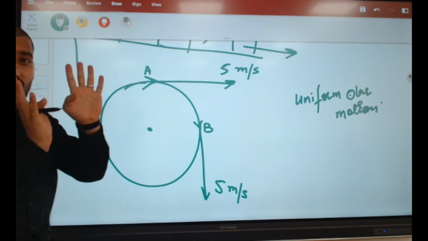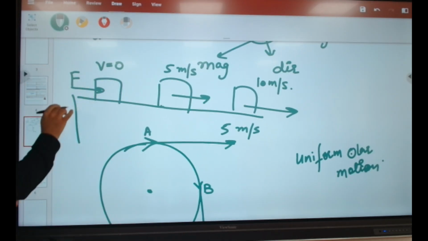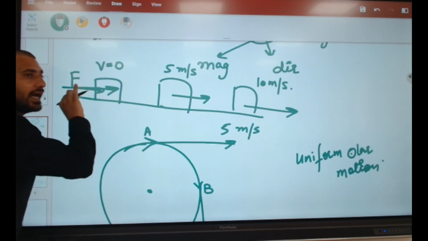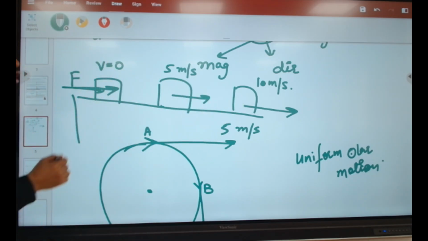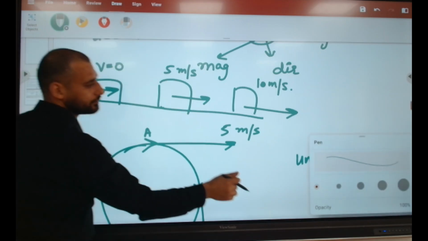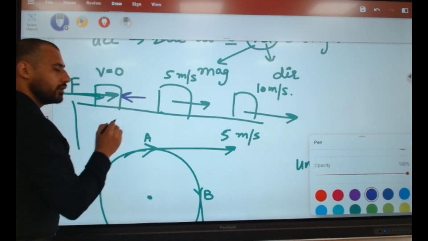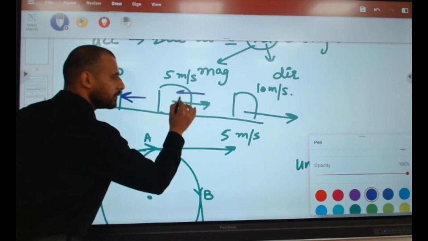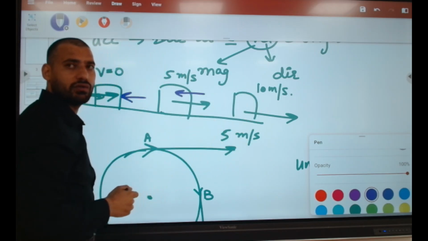And if you observe keenly, in the first case what was happening is, I am applying force along the direction of motion. Or, for example, if there was some other force in this direction, okay? So the velocity, if it was 5, after some time, what will the velocity be?